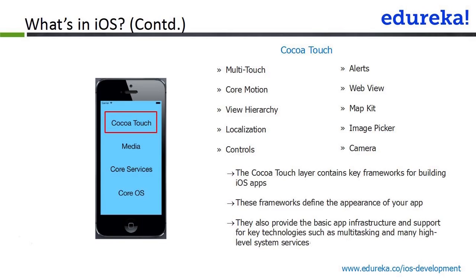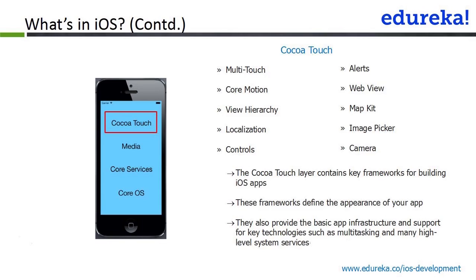So you have a window, and within the window you have views, and then the views also have a hierarchy. Like there is a navigation view, there is a web view. So how all these are to be presented to the user, in what order, is managed by this layer.